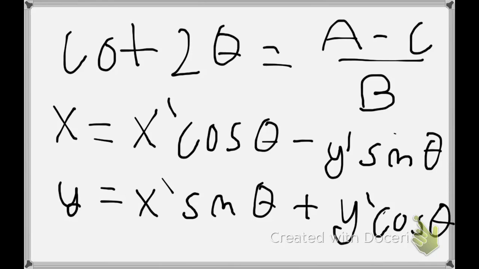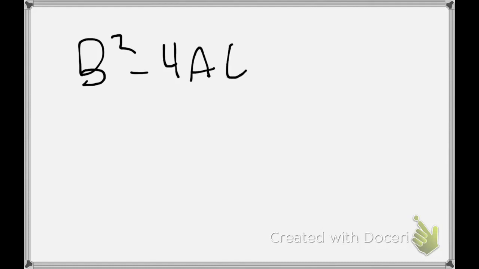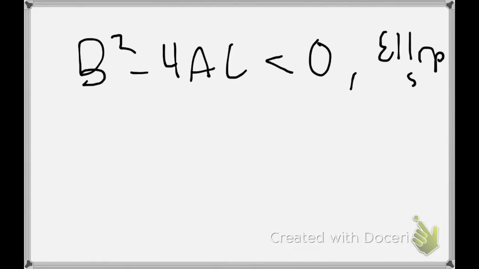There are also some other little tricks that can help you classify rotated conics. For example, the discriminant plays a major role. If the b squared minus 4ac in the general form is less than 0, you know it is an ellipse or a circle.